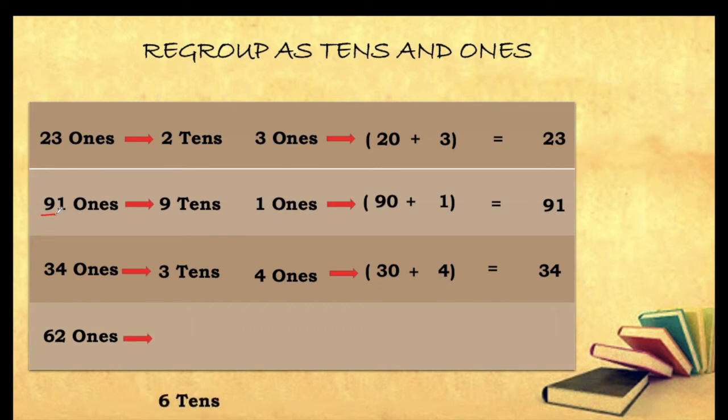We have 6 tens and 2 ones. It can be written in numeral form as 60 plus 2, which is 62. So, regrouping as tens and ones, when they have given you only ones, you have to see the number in the tens place and you have to regroup it.